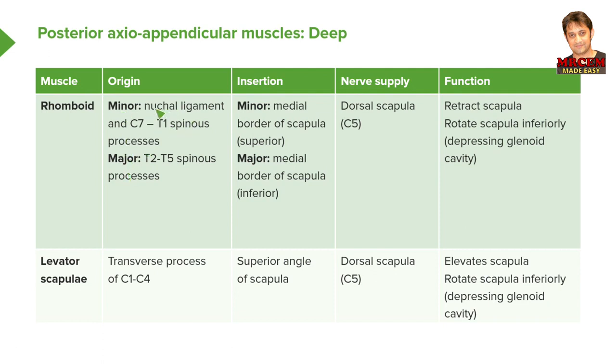We have the minor coming from the nuchal ligament and really the spinous processes of those vertebrae, and major coming from inferiorly, so coming from spinous processes of the thoracic vertebrae inferior to C7 to T1, coming from T2 to T5. But really this runs as one block of muscle. The minor one inserts to the superior aspect of the medial border, and the major one inserts into the inferior aspect of the medial border of the scapula.